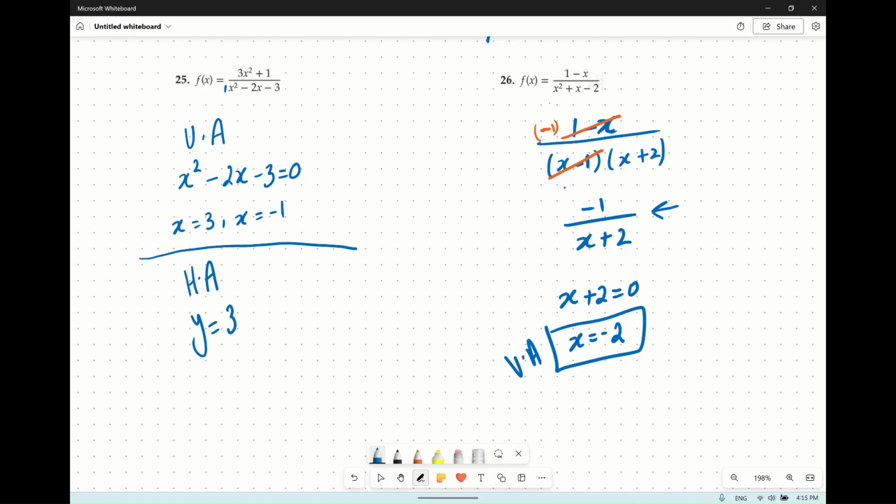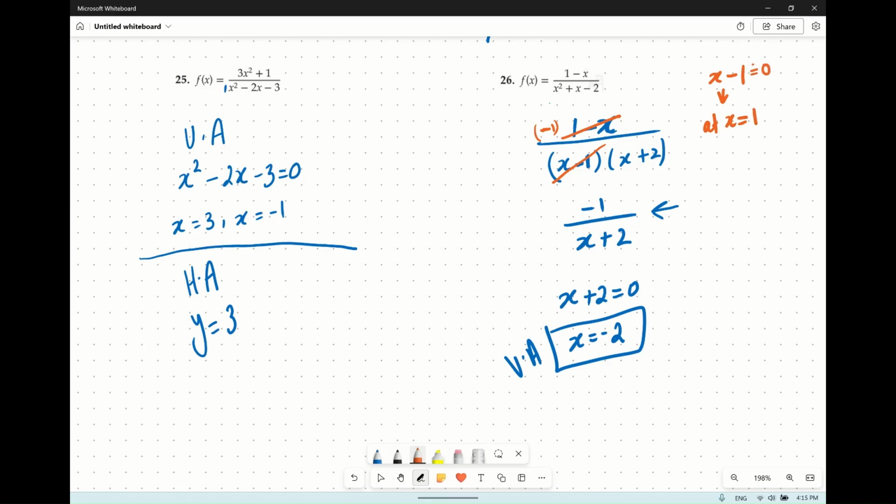If you were to skip the cancellation and say that there is a vertical asymptote at 1 and negative 2, you are incorrect. Why? Because the one that cancelled is a hole. It's a removable discontinuity. So which one cancelled from the denominator? This one cancelled.